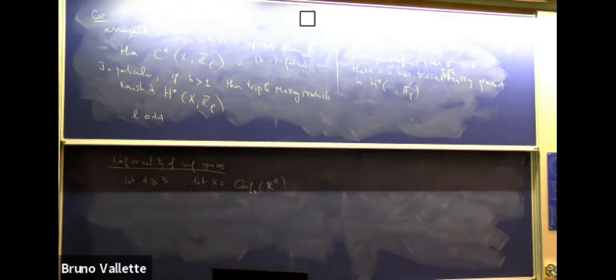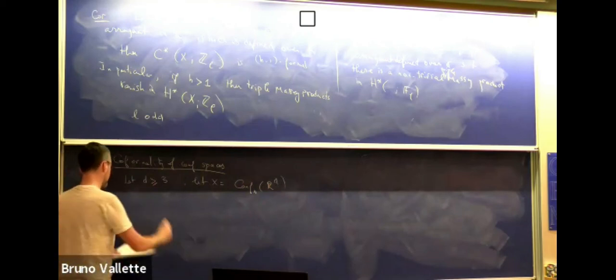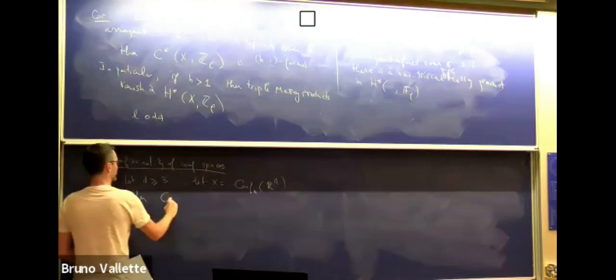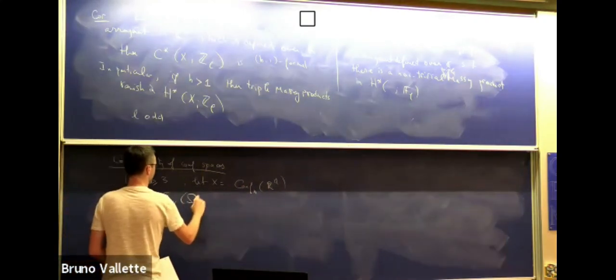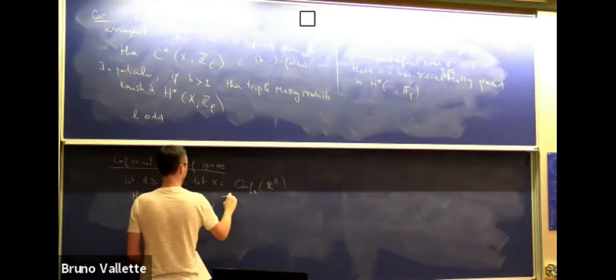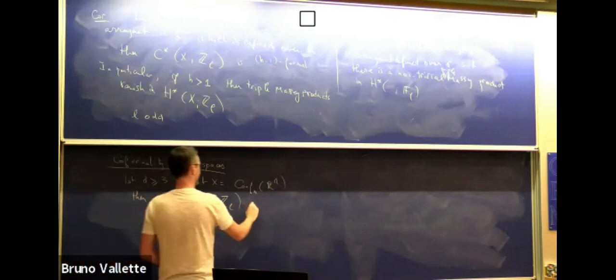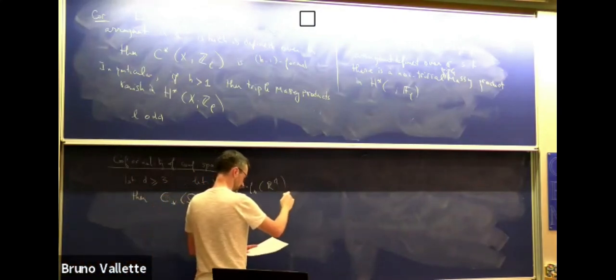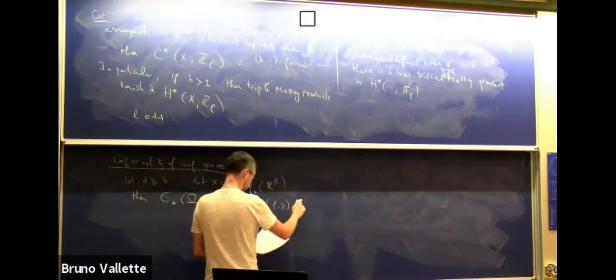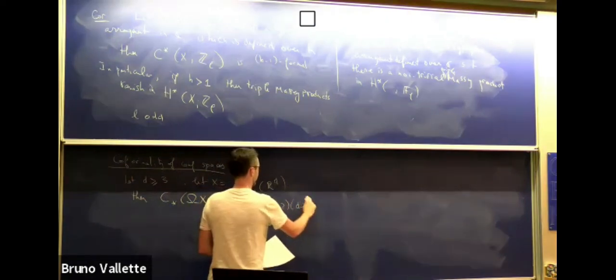So again, these are ordered configurations. Then if I take chains on the loop space of X with Z_L coefficients, this is formal up to degree L minus 2 times D minus 2.